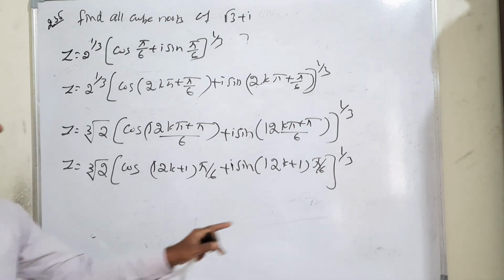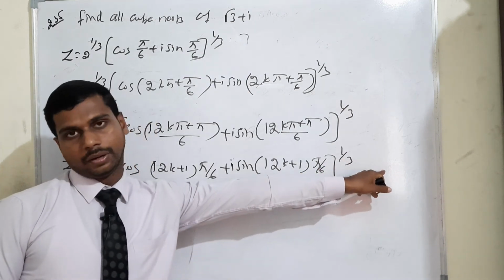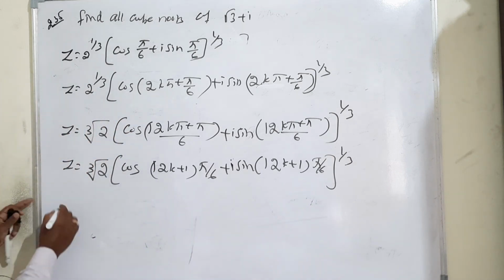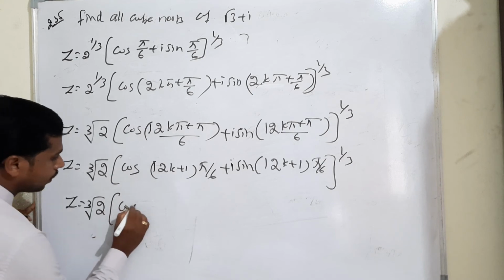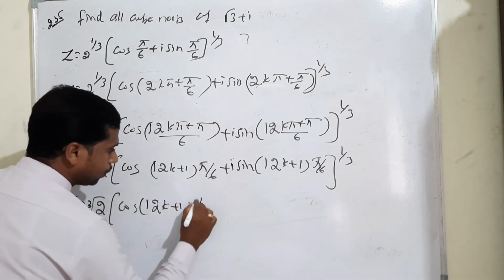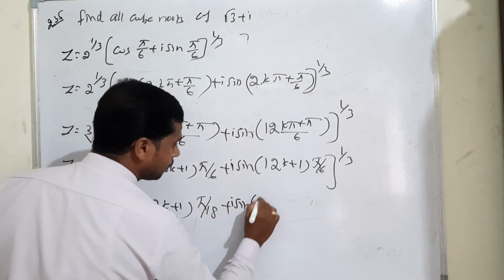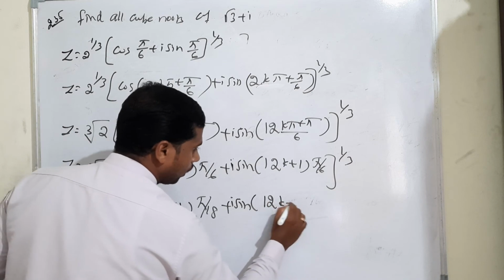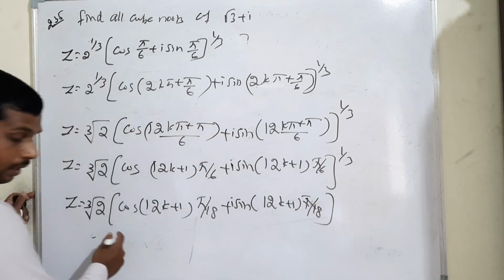So according to De Moivre's theorem, each and every term is divided by 3, means 6 into 3 will be replaced by 18. So z is equal to cube root of 2, cos of 12k plus 1 into pi by 18, plus i sin of 12k plus 1 into pi by 18. This line we need, isn't it?